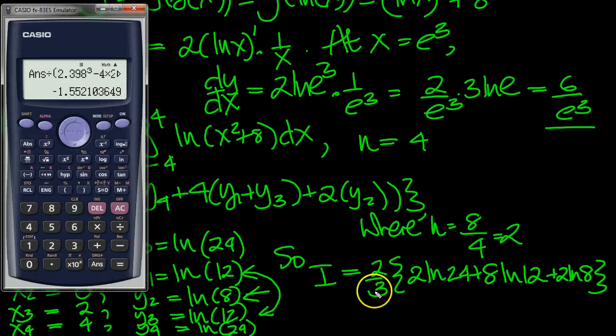So we just need to calculate that then. It's 2 divided by 3 times bracket 2 times ln 24, close that bracket, plus 8 ln 12, close that bracket, plus 2 ln 8, close the log bracket, close the bracket for the 2/3 times, and we get 20.262.